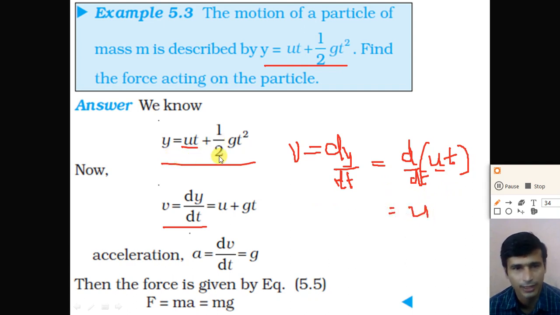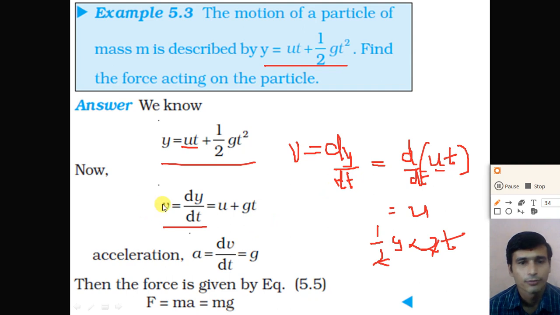Here plus 1/2 g, a constant, and the differentiation of t² is 2t. So 1/2 into g constant, into the differentiation of t², that is 2t. Here the 2 cancels out and we get g into t. Got it?